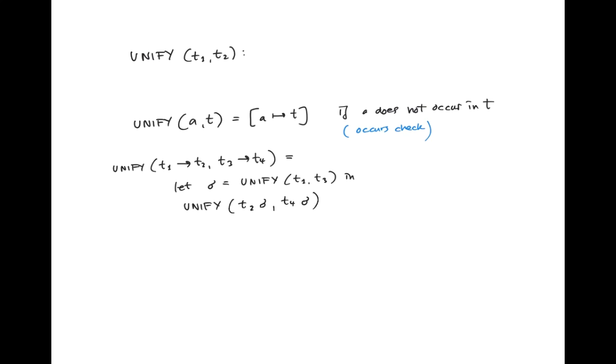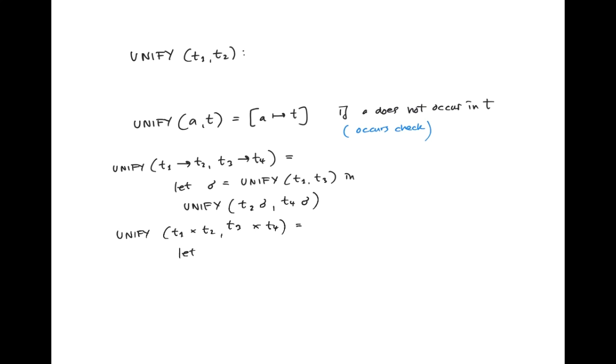In fact, we take T2 and apply the substitution to T2, and T4 where we have applied the substitution to it. Similarly, to unify product type expressions, T1 times T2 and T3 times T4, what do we do?